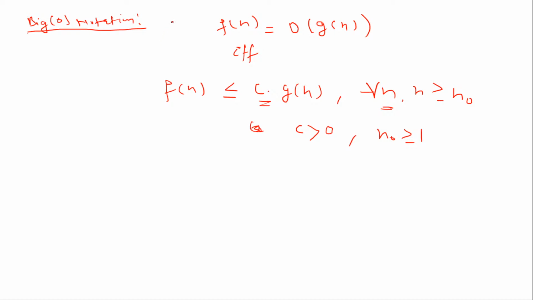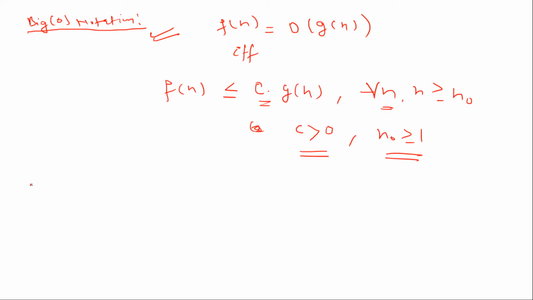So this condition should be satisfied: f(n) less than or equal to c dot g(n). If this condition is satisfied, then it is big O notation.